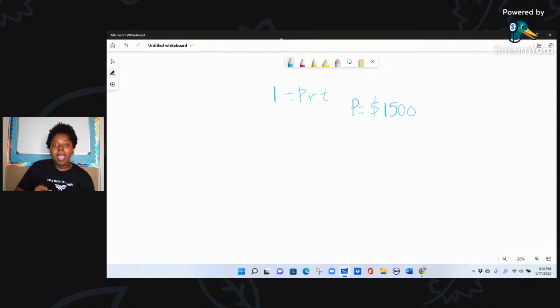All right, my interest rate, because they're going to say, hey, Miss Moore, I'll give you this money, but you're going to have to pay us 3% interest. Your interest rate is always in a percent. Then they're going to say, but you have to pay us back in 2 years.